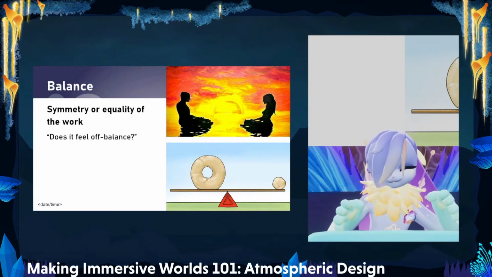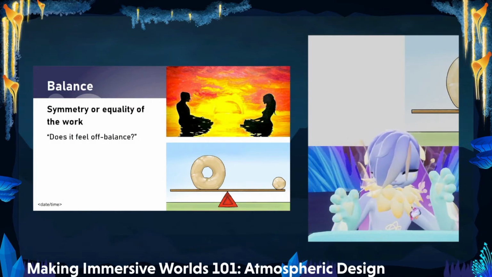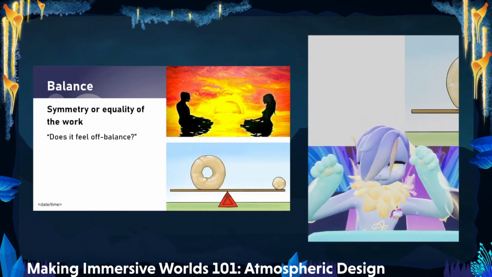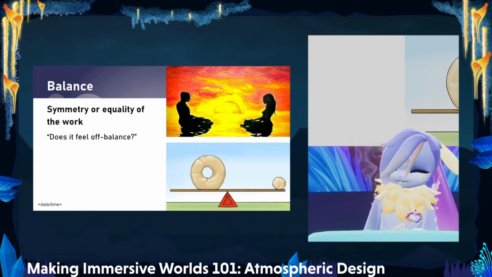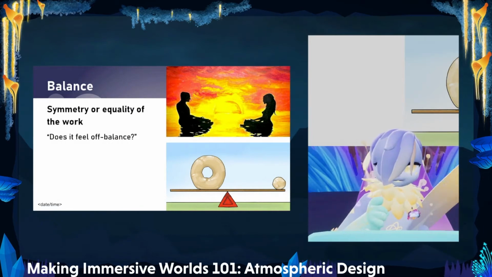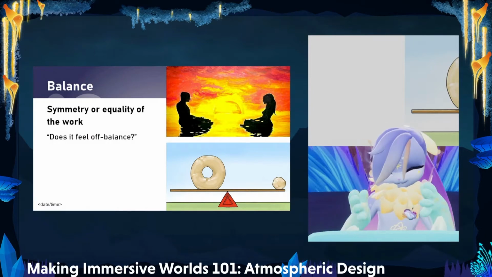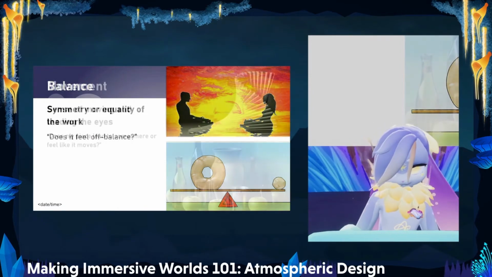Does something feel off balance? Like this size is smaller, this size is larger for some reason. On the top, it's a good sense of balance. Symmetry, not asymmetry. And on the bottom, there's something wrong. It feels something off, right? You could take advantage of this, as it gives a sense of unease.